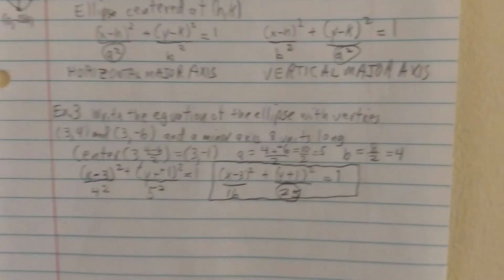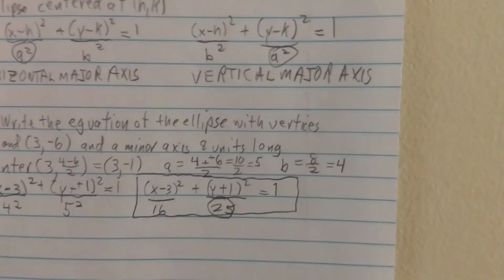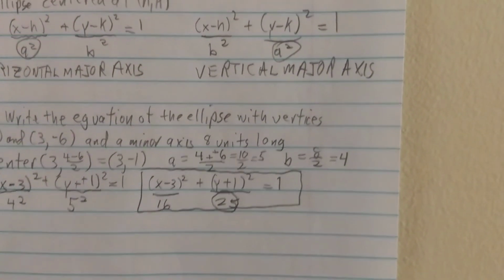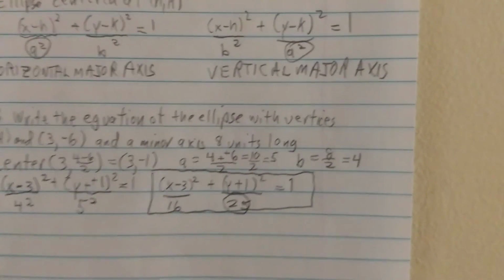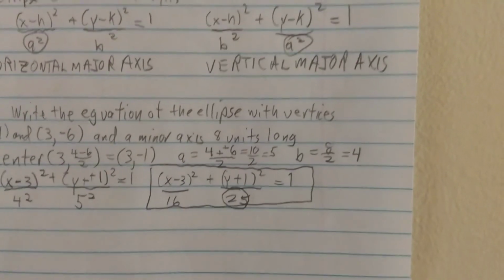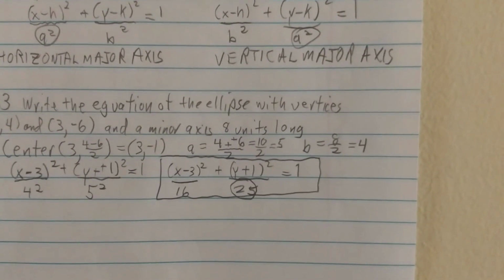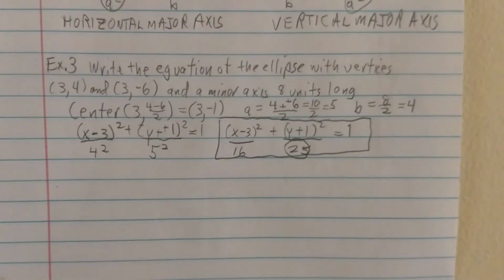It's always plus between the two. For the vertical major axis, x minus h squared over b squared plus y minus k squared over a squared, so a will be bigger here than b, and that will make it a vertical major axis.